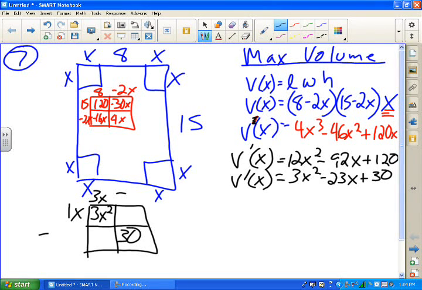So let me think here. I think it's 5 and 6, but now I've got to think where to put the 5 and where to put the 6. If I put the 5 here and the 6 here, I think it'll work because that'll give me negative 18x there, and that gives me negative 5x. Yep, if you add negative 18 and negative 5, that's negative 23x.